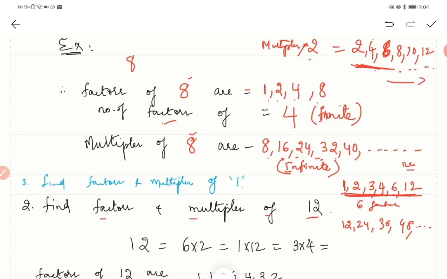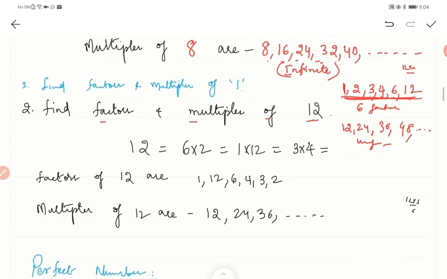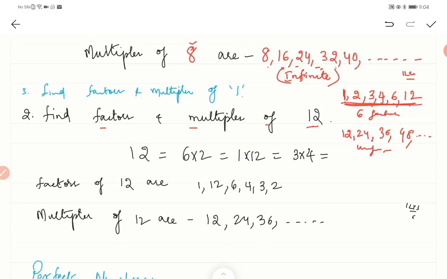So you have infinite multiples. So the factors you've got are 1, 2, 3, 4, 6, 12, okay. So factors are finite, whereas multiples are infinite.